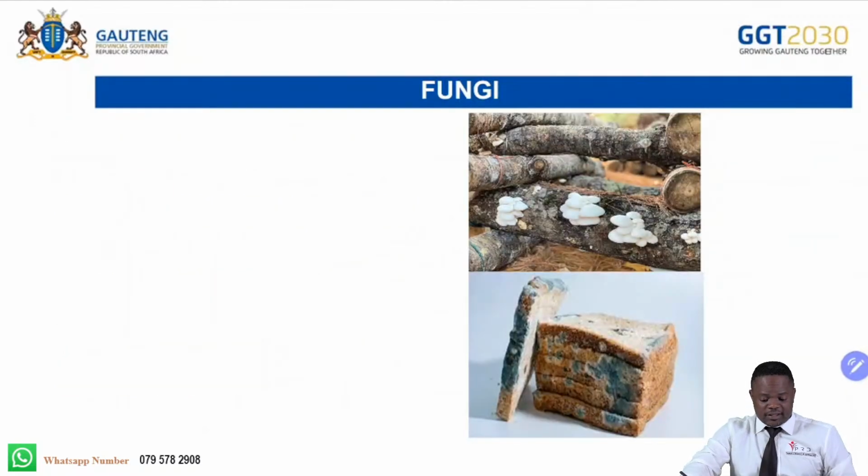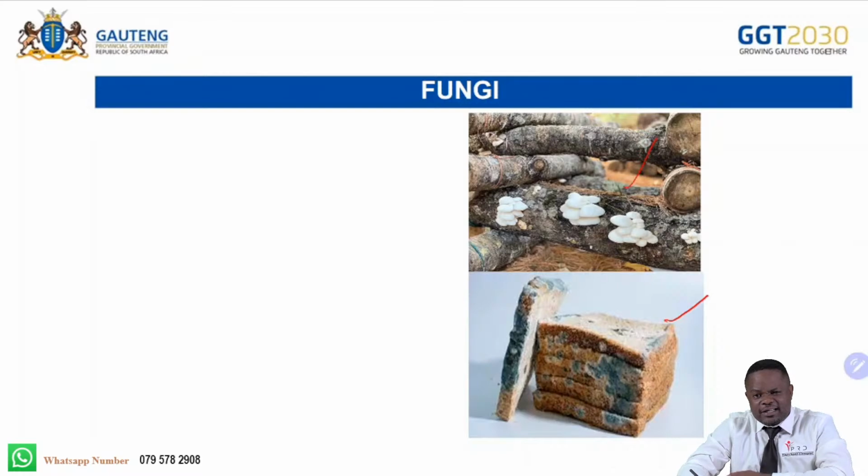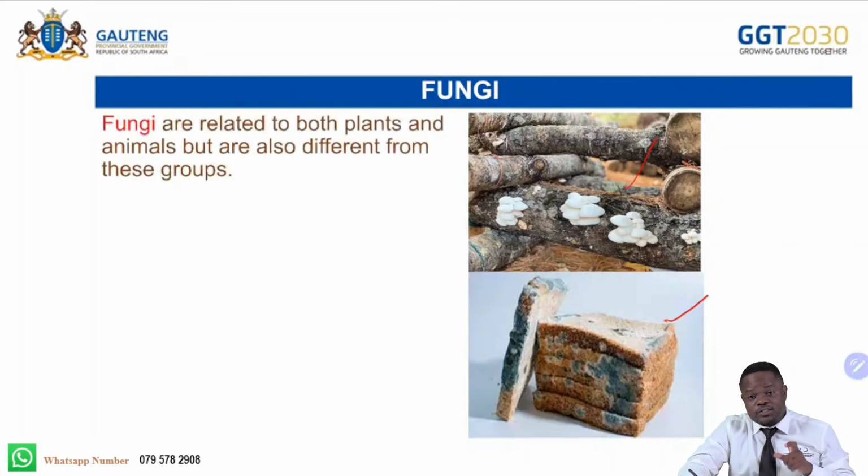Right, and then we talk of fungi. I believe all of us, if not most of us, have come across these two images. It might be at home, some rotten bread. It might be in the woods when you're going, especially during the rainy season when it is moist. We have come across these, and all these that you're seeing are fungi. They are caused by fungi, which are also microorganisms.